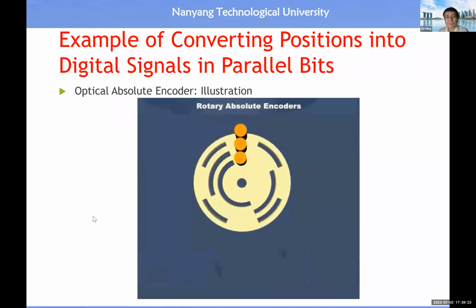Rotary absolute encoders consist of a translucent disc with a binary pattern etched on it. The pattern consists of a series of opaque and transparent slots. The slots are arranged in a concentric circular fashion, and the number of slot sets is the same as the number of photocells used in the encoder.